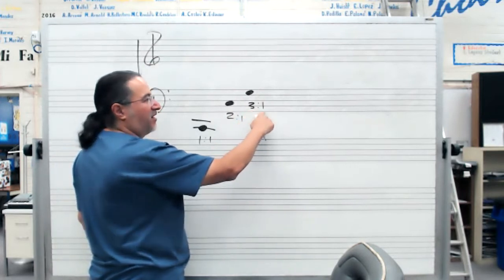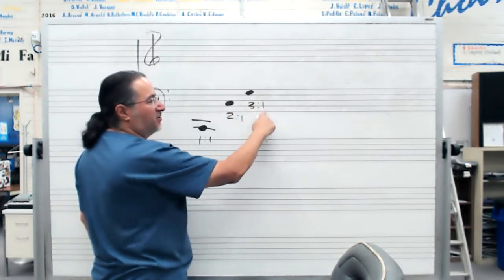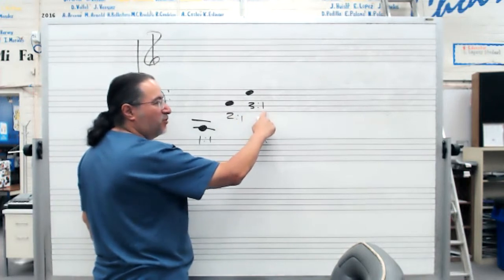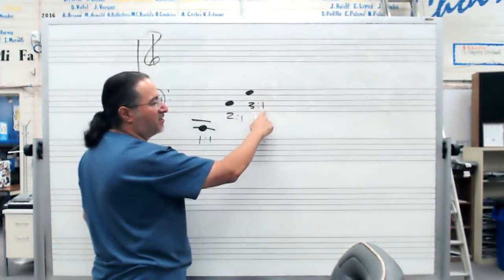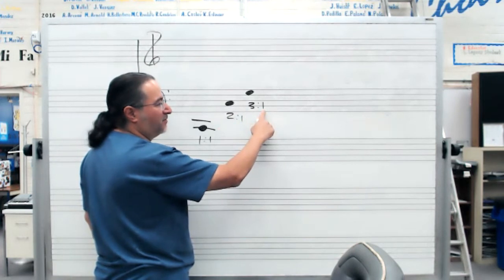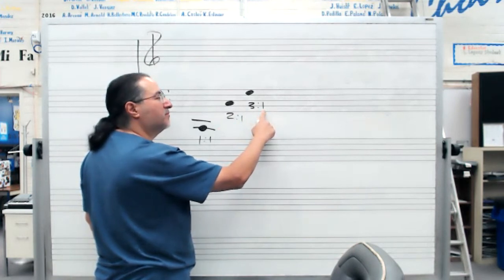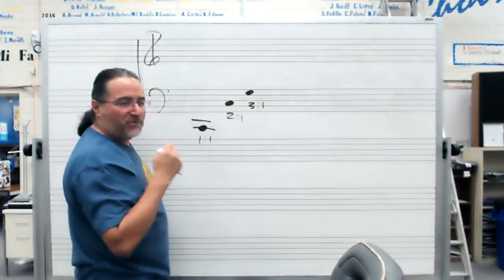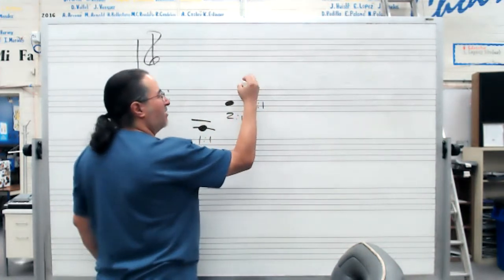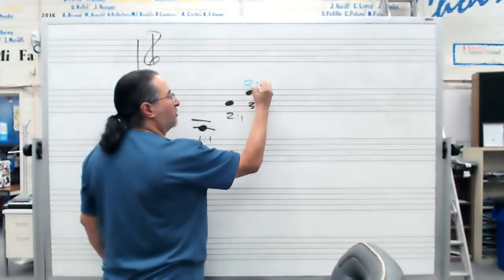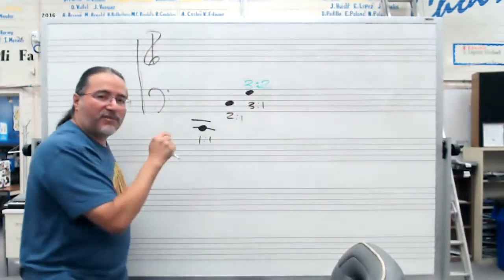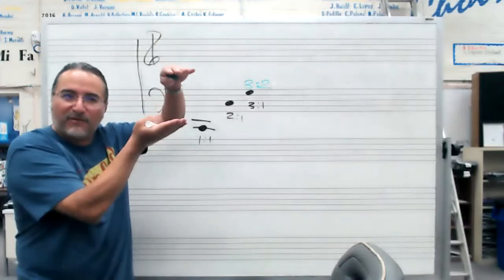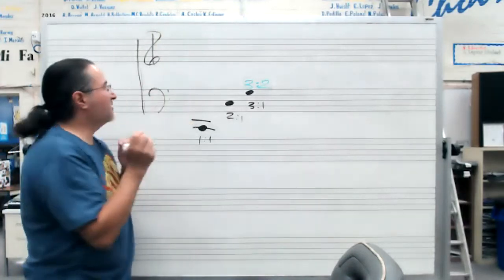Let's change this note to move it up an octave. How do I change that 1 to go up an octave? I double it, because to expand octaves, you double them. So now I'm going to call it a 3-to-2, and it means the same thing, except they're not going to be out here, they're going to be over here. Does that make sense?